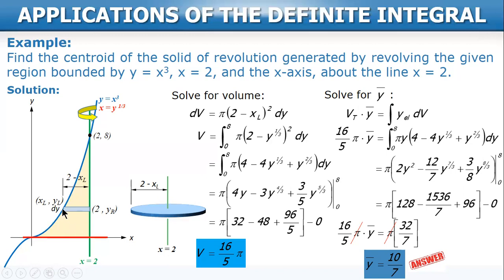Pero kung perpendicular ang strip, your y sub EL is only y lang. So, mas simple siya i-compare sa kung parallel ang rectangular strip sa axis. Similarly, pag ang axis of revolution is horizontal, vertical ang strip.